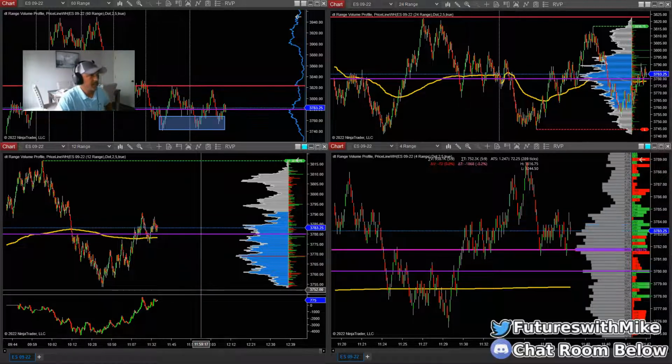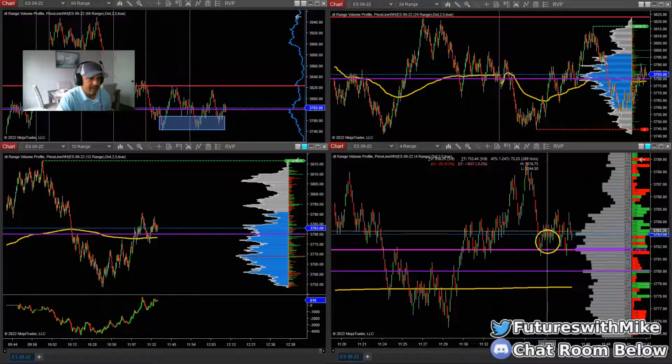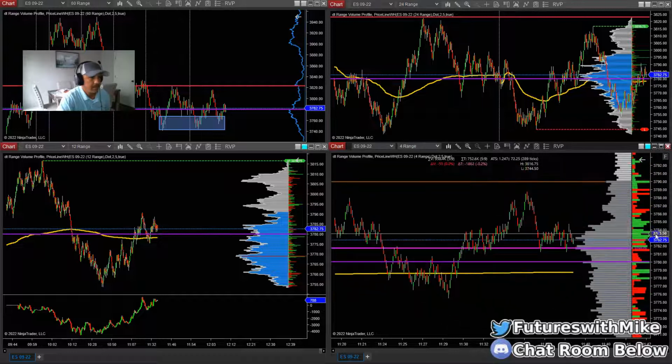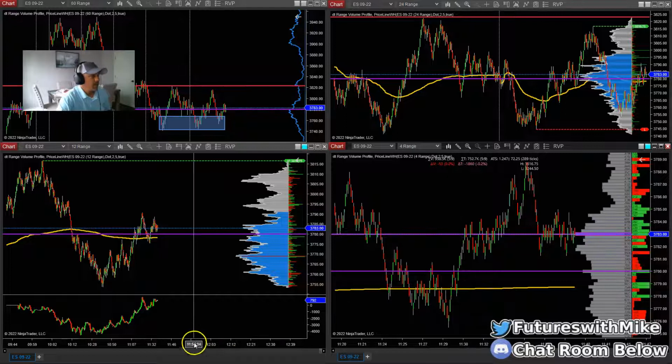Not sure how the rest of the day is gonna pan out, but right now we're looking at the daily profile. We're just centered around the POC right now.